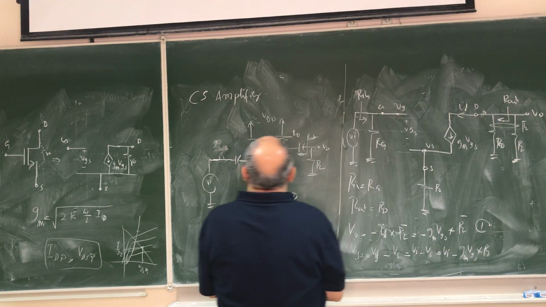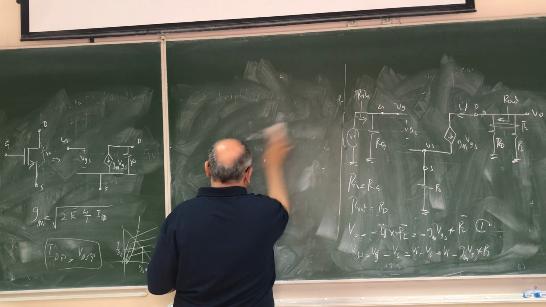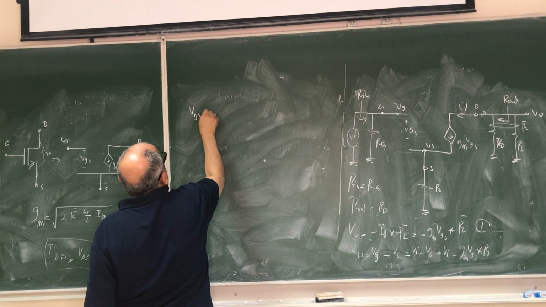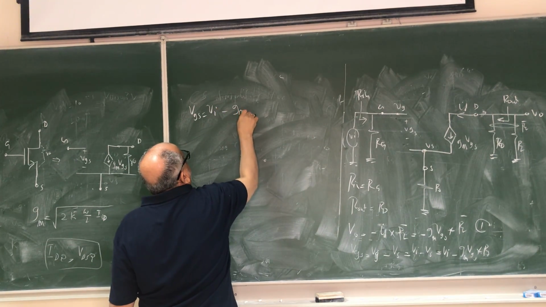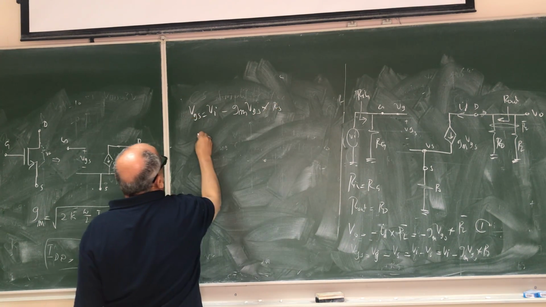So if we rearrange, we can say VGS is equal to VI minus GM VGS multiplied by RS. We can take this to the other side.